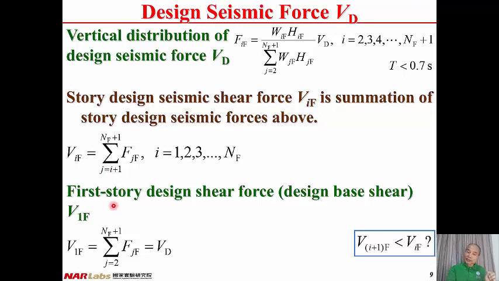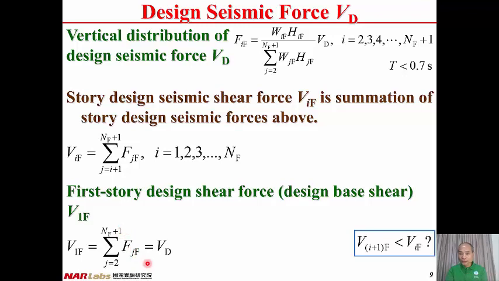And then if we consider the special case, the first story design shear force, Vi^F equals the summation from j equal to i plus 1, which is 1 plus 1 equal to 2, to N^F plus 1 of Fj^F.